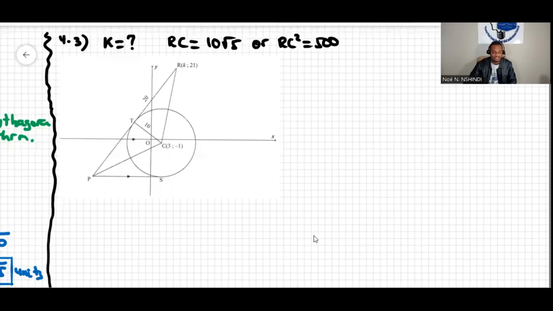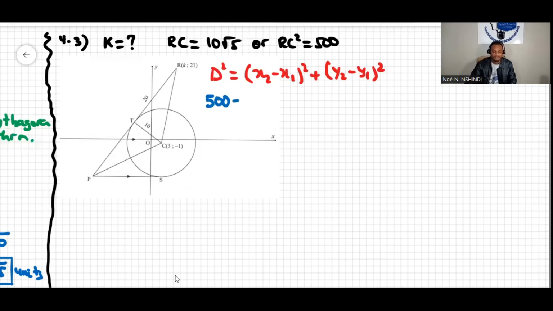The distance formula, the distance squared, will be equal to x2 minus x1 to the power of 2 plus y2 minus y1 to the power of 2. Then the distance squared is just 500.